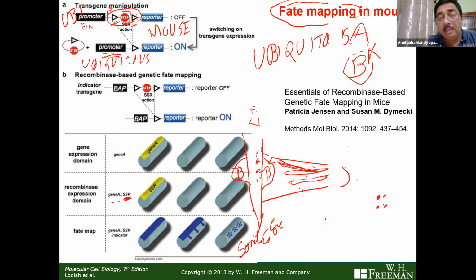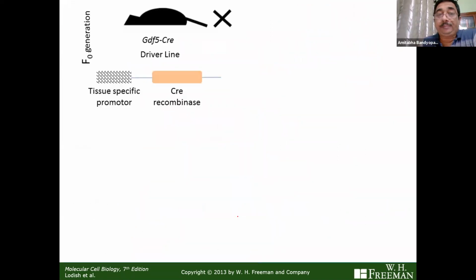So if site-specific recombinase is knocked into the gene A domain, then SSR will be expressed exactly where gene A is expressed, and that's where the cells will turn reporter positive. With time, you may see they are migrating, and then they are distributing in these beautiful patterns, etc. So this is how fate mapping is done.